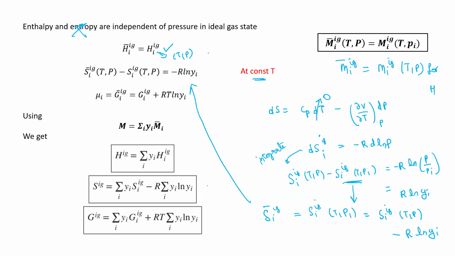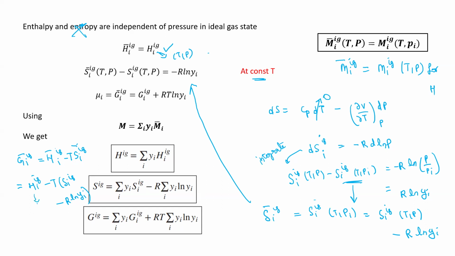The next equation is G_i^IG bar. So we know G_i^IG bar equals H_i^IG bar minus T S_i^IG bar. By inserting things here, H_i^IG minus T S_i^IG minus R ln y_i.